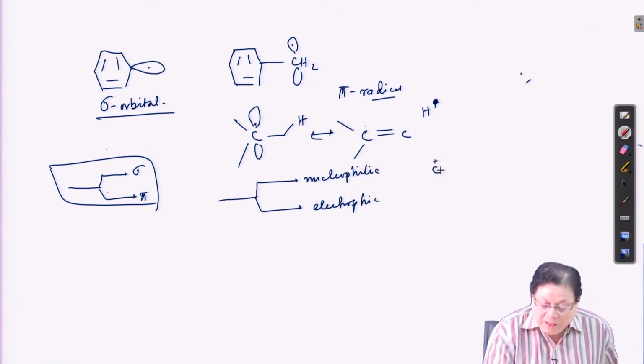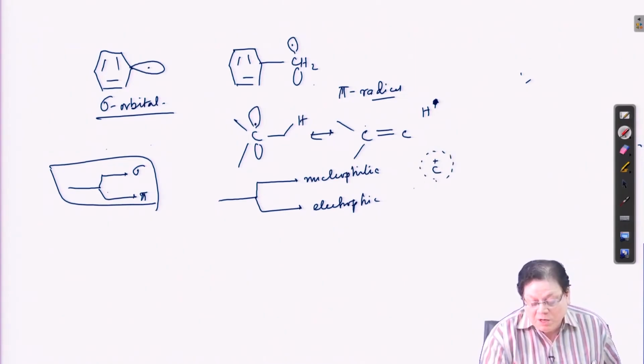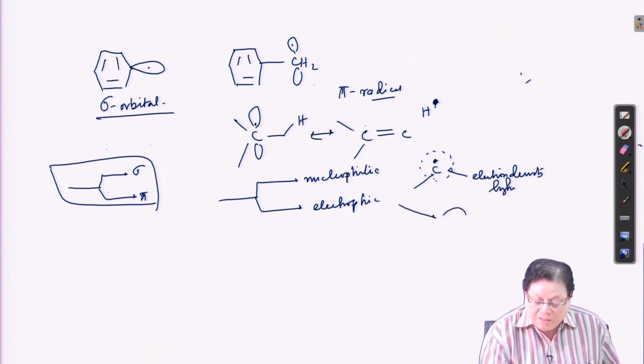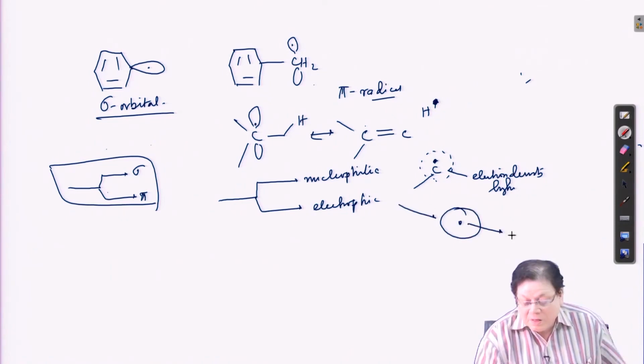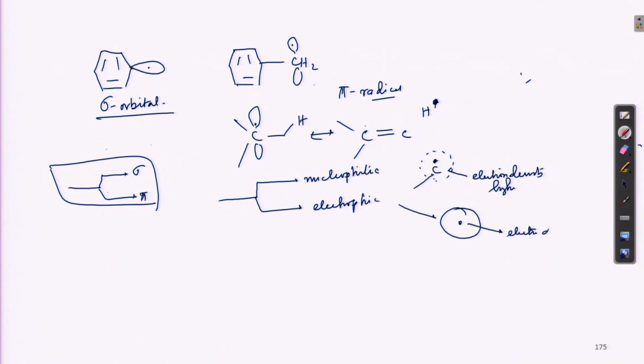That means a radical having a surrounding charge, electron density higher, that is a nucleophilic radical, and electrophilic is electron density lower. Now, this higher or lower is basically in comparison with when there is no perturbation, when there is no donation or withdrawal coming from the adjacent atom.